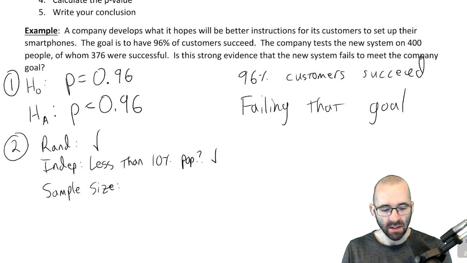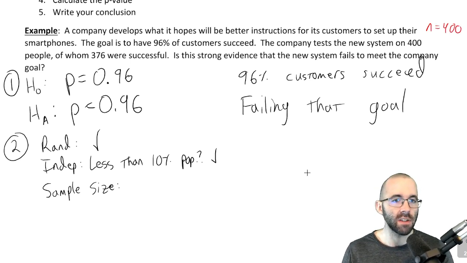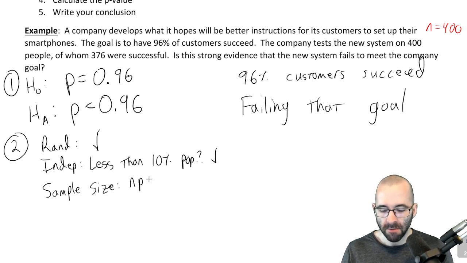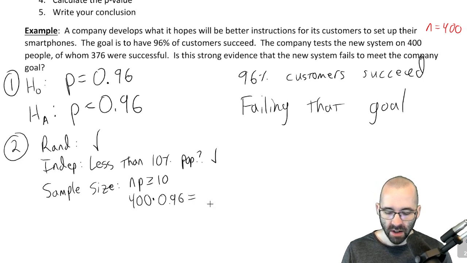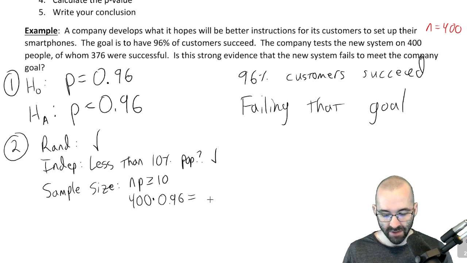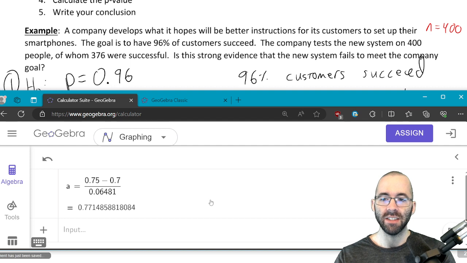What is our sample size here? They tested on 400 people. Our sample size is going to be 400. So we need n times p to be bigger than or equal to 10. P we're assuming to be 96%. You multiply this all out, and you get 400 times 0.96.